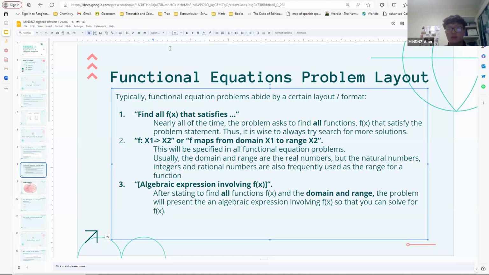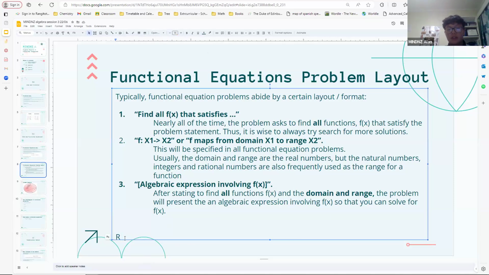Does anyone remember the symbol for the domain of real numbers? Can someone tell me in chat? Yeah, Josie, you're correct. It's a letter R, basically a capital R. And then it can also be the natural numbers.